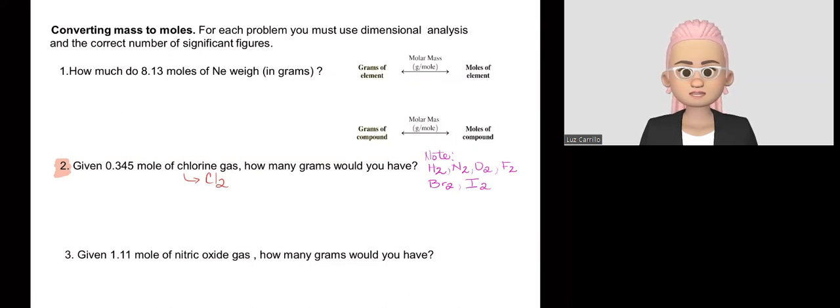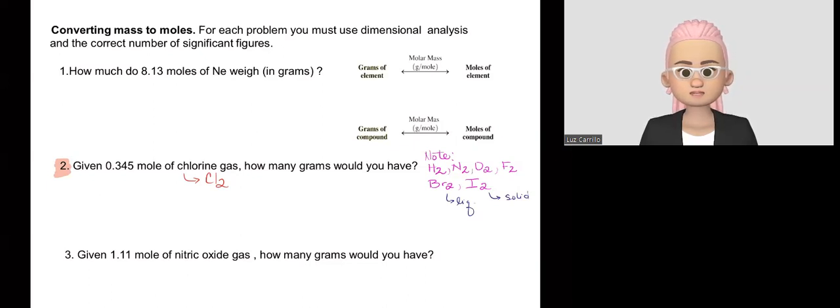It's important to note that out of all of these 7 diatomic compounds, most of them are gases. The only ones that are not is bromine, which is usually a liquid, and iodine, which is usually a solid. So if you see a problem that says solid iodine, assume I2. If you see a problem that says bromine liquid, understand that it's referring to Br2.